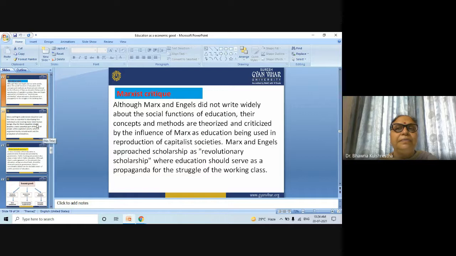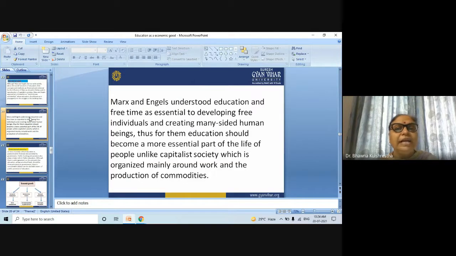And the next is Marx and Engels understood education and free time as essential to developing free individuals and creating many-sided human beings.